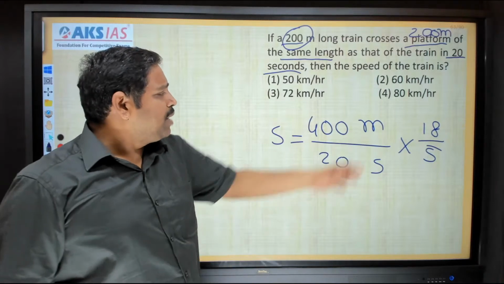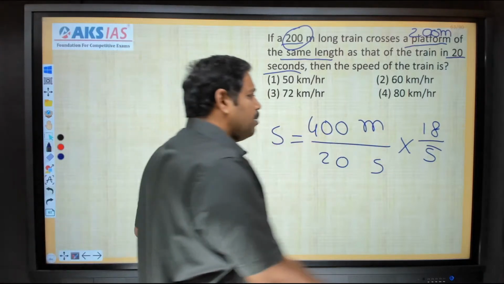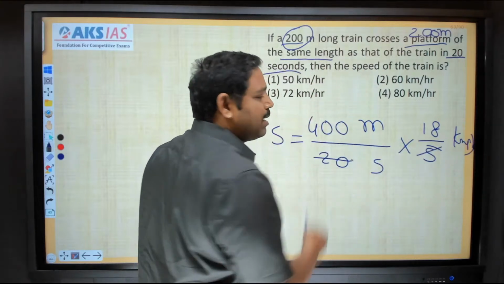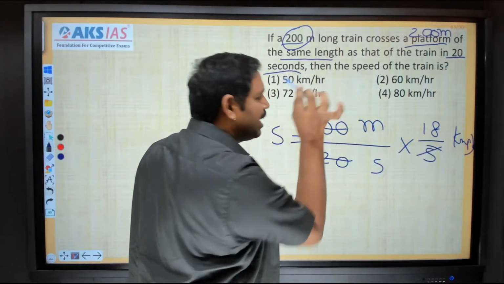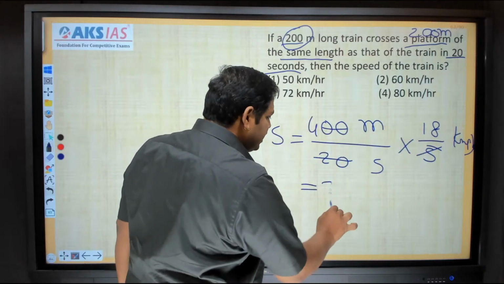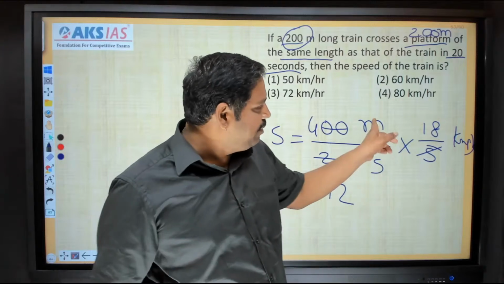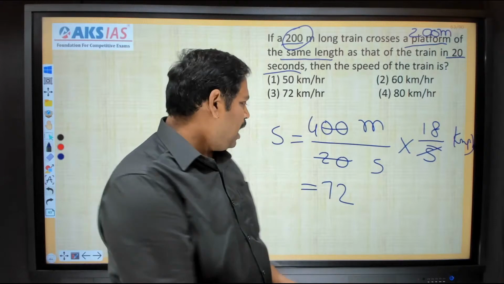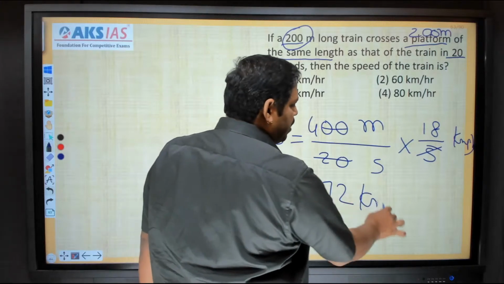So if I multiply like this, directly I'll get the answer in terms of kilometers per hour. Observe 5 into 20 means 100. 100 means 2 zeros were cancelled. Next 18 into 4 is how much? 72. So since I have multiplied directly with 18 by 5, the options are in terms of kilometers per hour, right? So the answer is 72 kilometers per hour.